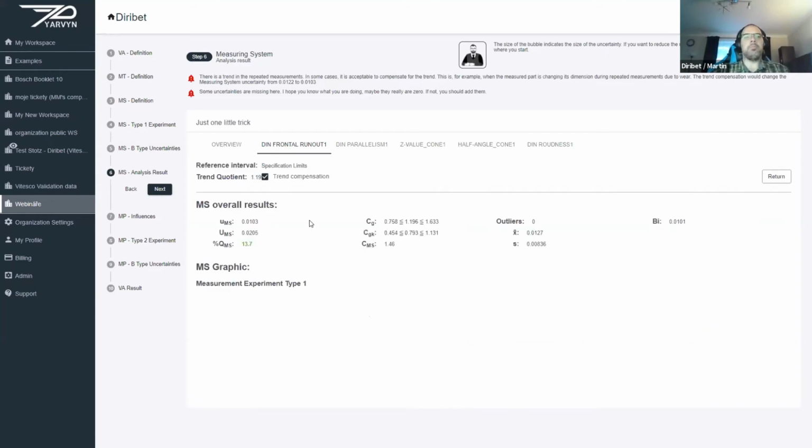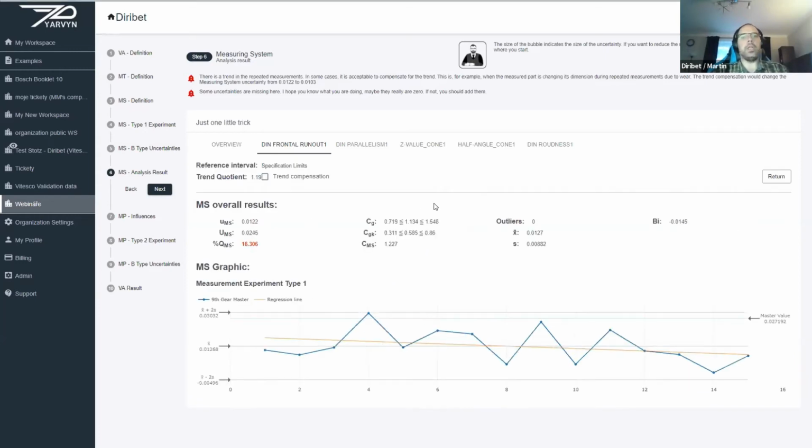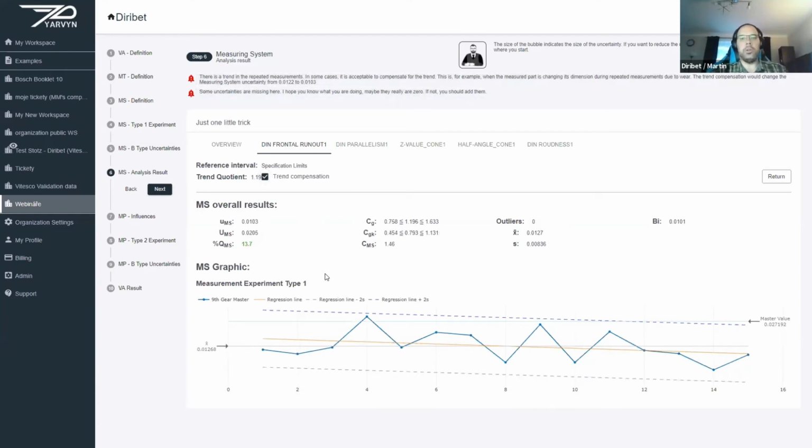And I can show how it looks in the graph, because you can see that these lines that show the variability of the measurement system are parallel to the x-axis without the trend compensation. With the trend compensation, they are a little bit skewed. And why this has happened will be explained by Jaroslav in a moment.